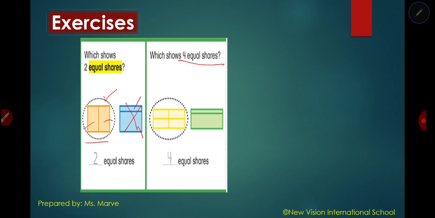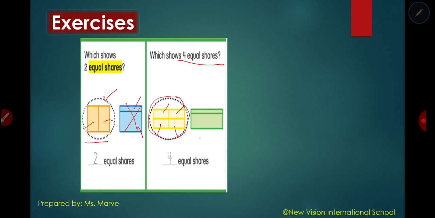Let's count this one. 1 part, second part, third part, and fourth part. Then we check if each part is equally divided. Very good, it is. So you can put a circle on it, like this one.